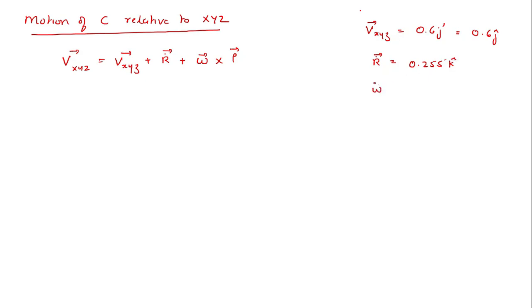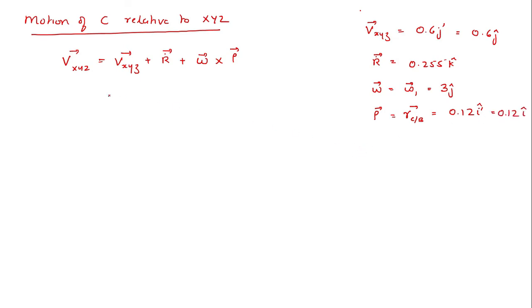Then omega vector is actually omega 1 vector, which is 3 j cap, and rho vector is r_C/B, which is 0.12 i' cap, which I can write as 0.12 i.